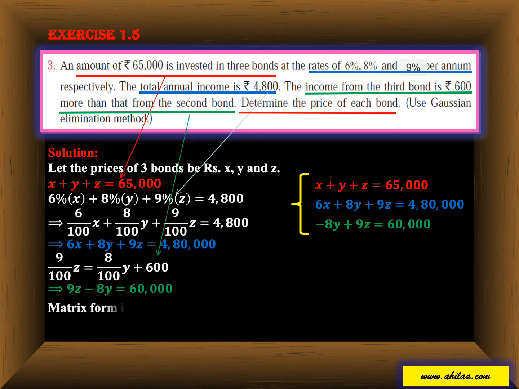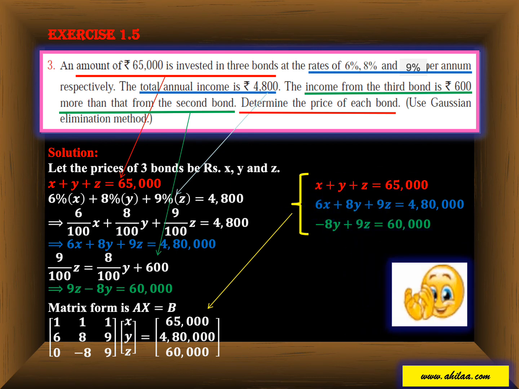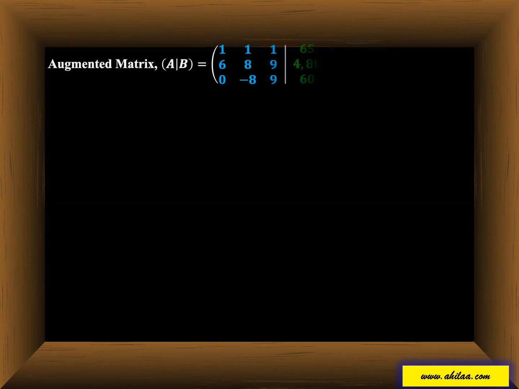Now making use of these three equations, we try to bring the matrix form, that is capital AX equal to B. So consider the coefficient matrix, variable matrix and the constant matrix. Understood? Fine. Augmented matrix A bar B equal to, collect the A matrix bar the B matrix. Now A11 is 1 already.